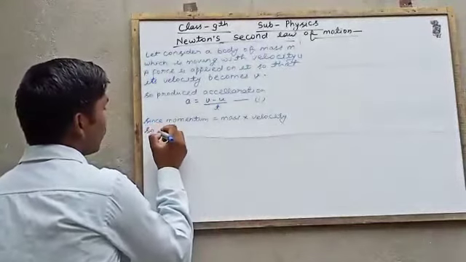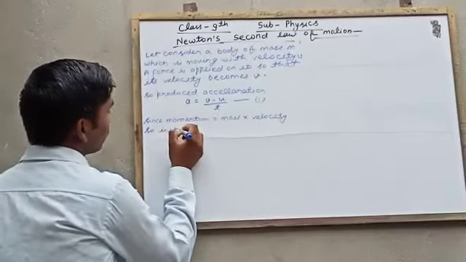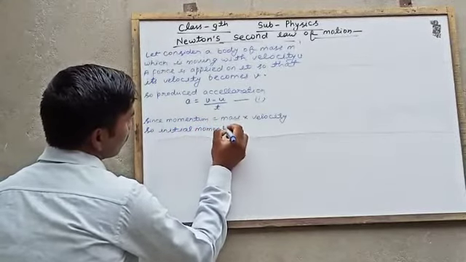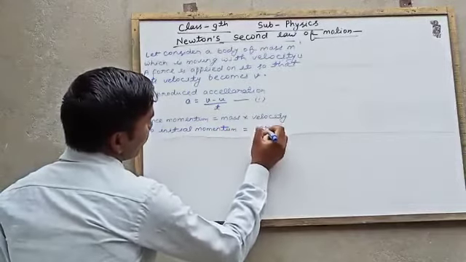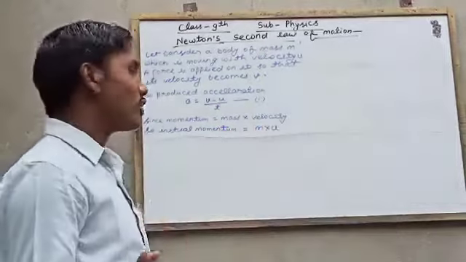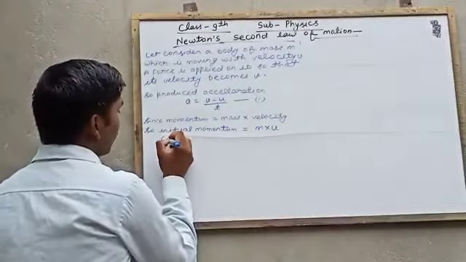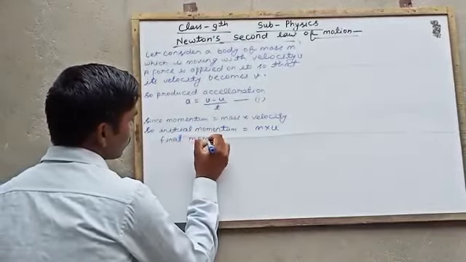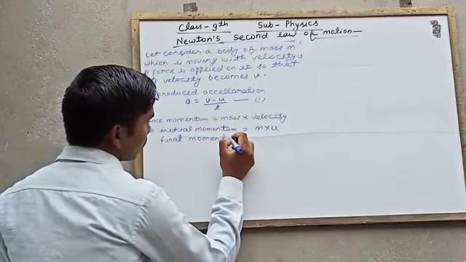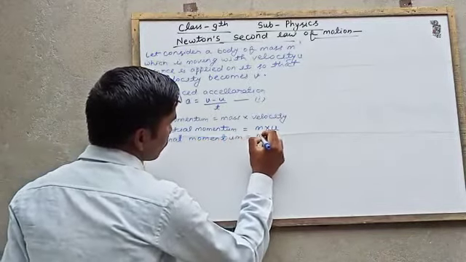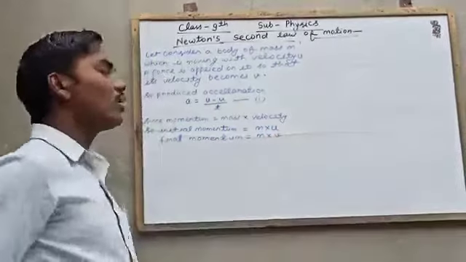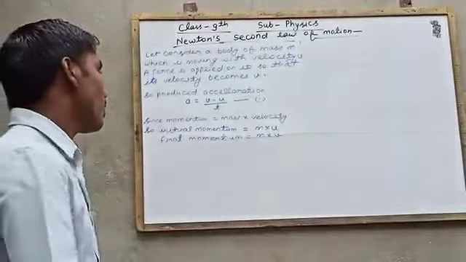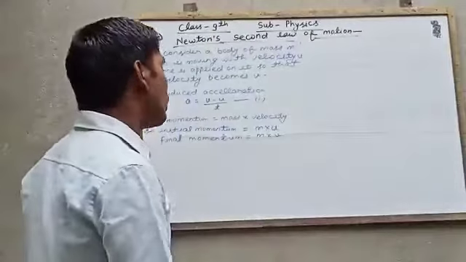So the initial momentum is equal to m into u, because the initial velocity is u, and the final momentum is m into v, because the mass is the same m, but our velocity changes from u to v.